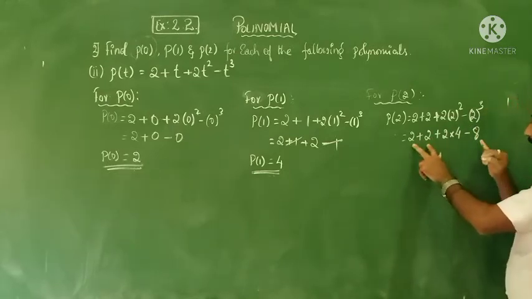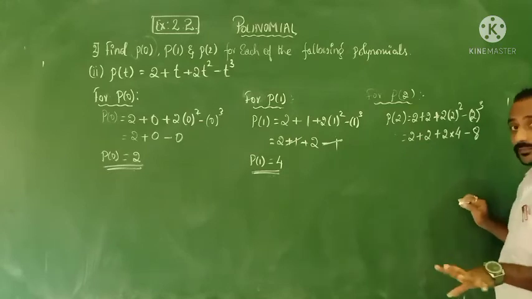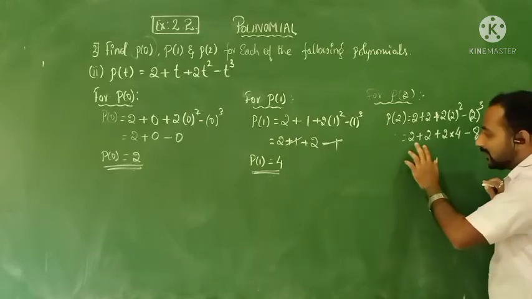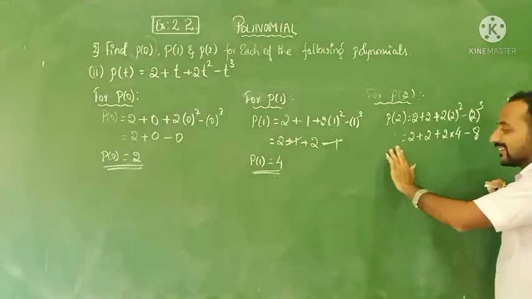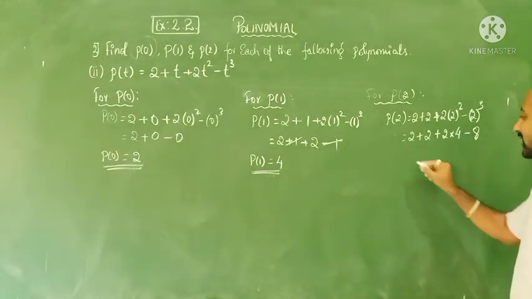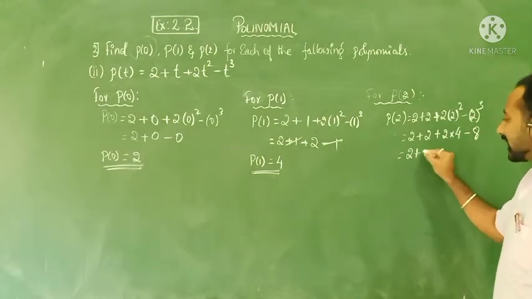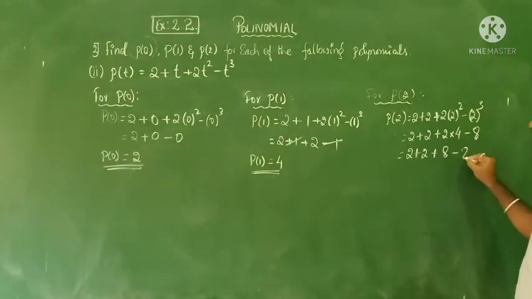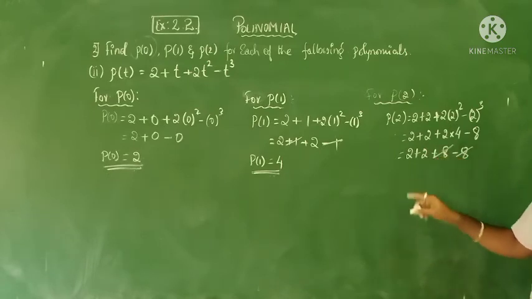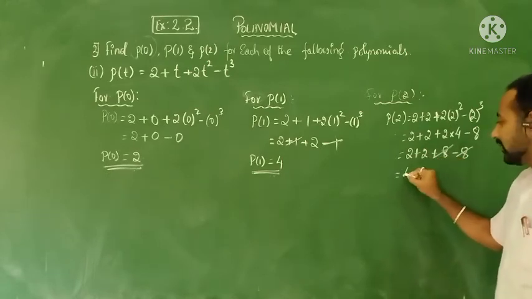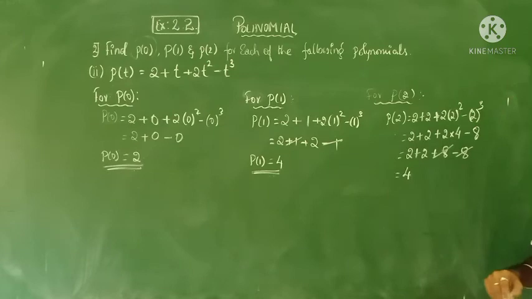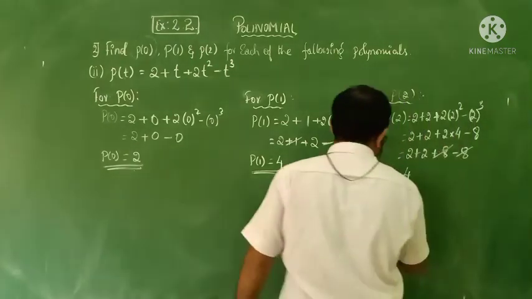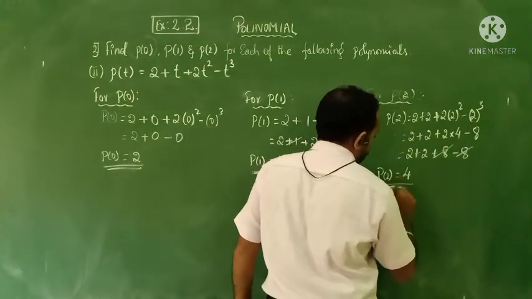So 2 plus 2 plus 8 minus 8. Sometimes some students add 2 plus 2 plus 2, so don't do that. You can write it as it is: 2 plus 2 plus 4 into 2 is 8, minus 8. Plus 8 minus 8 will get cancelled. Remaining 2 plus 2, it is 4. So P of 2 is also equal to 4.